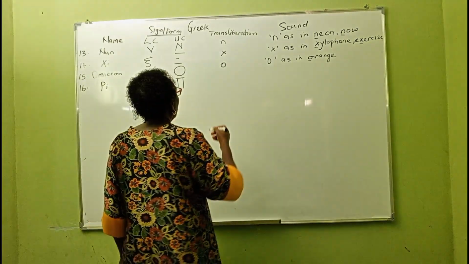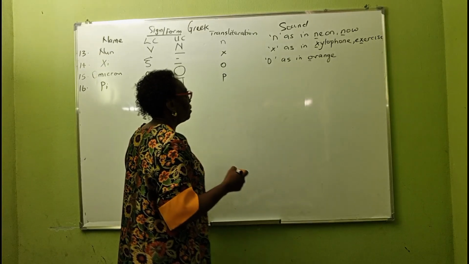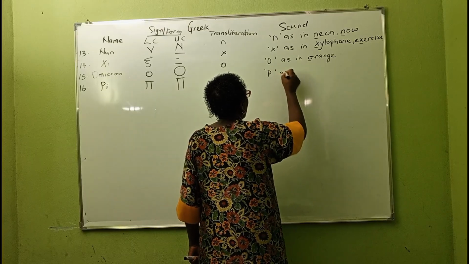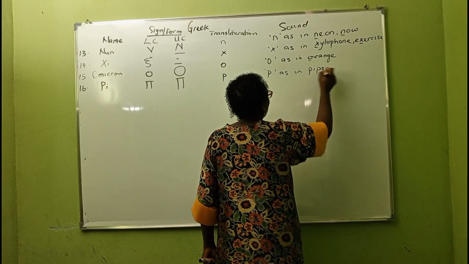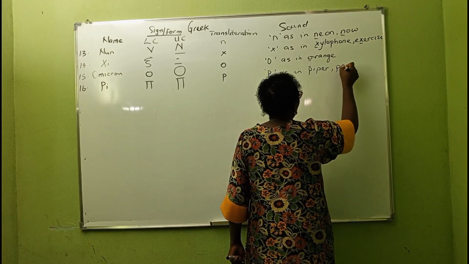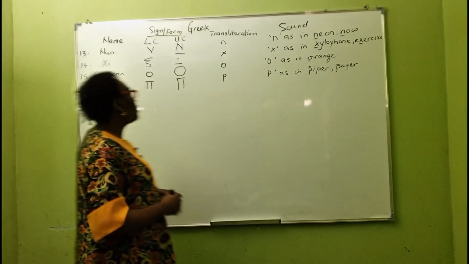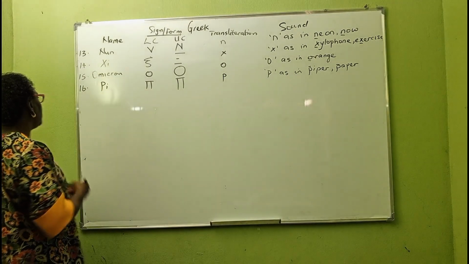In terms of transliteration, it is our English P. The sound can be P as in paper. That's the P sound. As I said, we don't call it pi, it is P.